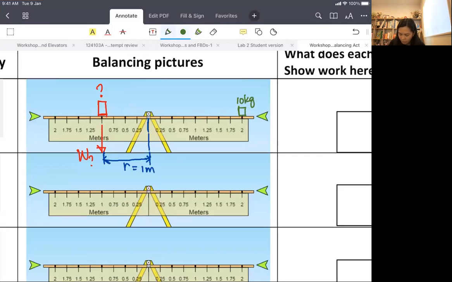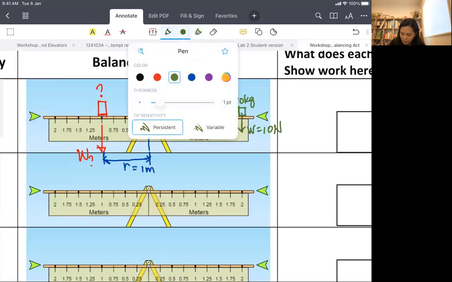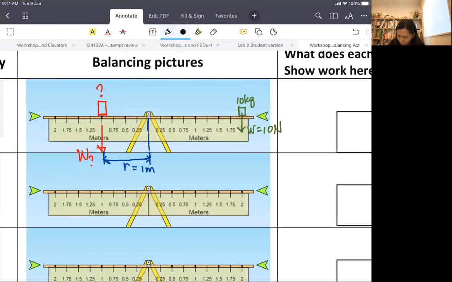Yeah, so you have this weight force that balances out the object. To find the lever arm for this weight force, extend your weight force, and it's the distance that's perpendicular to your weight force and passing through the pivot point, so that's 2 meters. Oh, sorry, the weight force is 100 newtons.